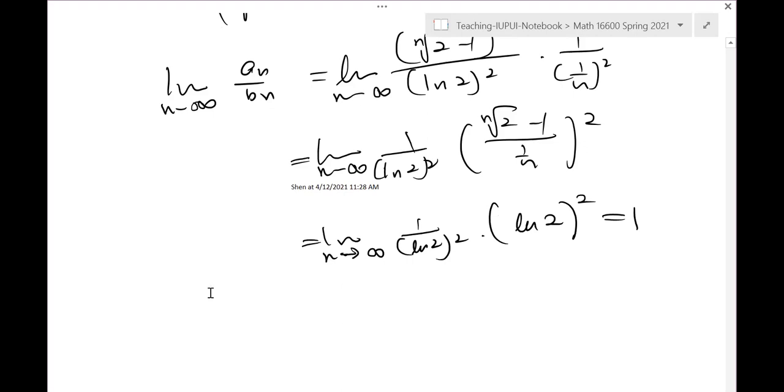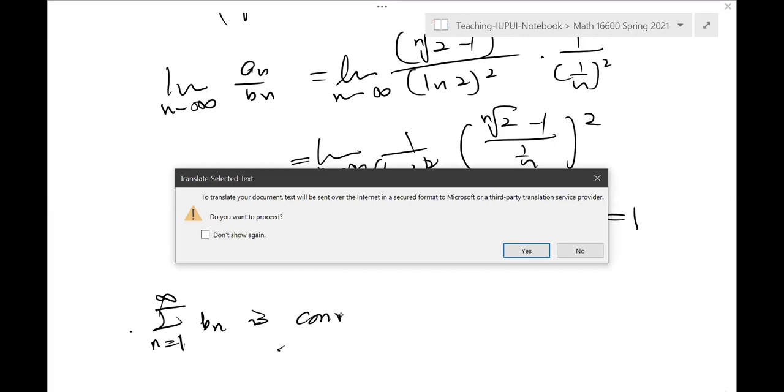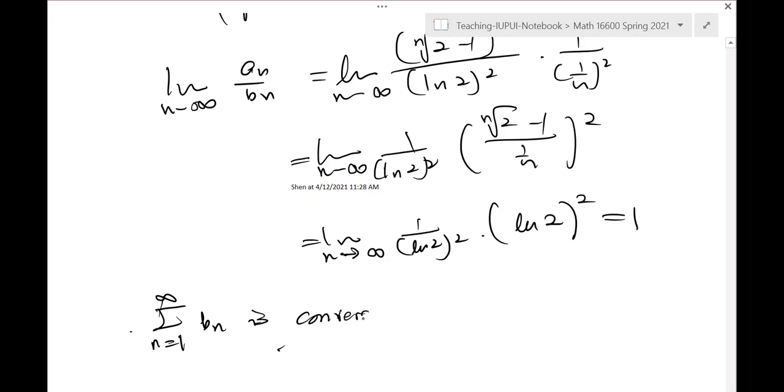So in this case, we know that this is convergent. The reason is there is an n squared in the denominator, right? I'm going to do this very fast.